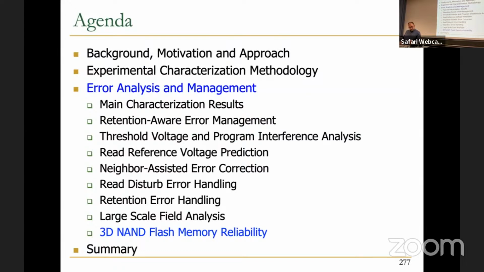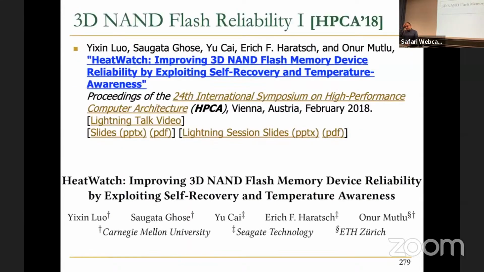Okay, we have around 15 minutes, more or less enough to cover 3D NAND flash memory as well. So we also have done some works on 3D NAND flash reliability. As I said, in 3D NAND flash memory, the vendors could provide capacity in the third dimension, so they could increase the cell size, and that can provide better reliability.